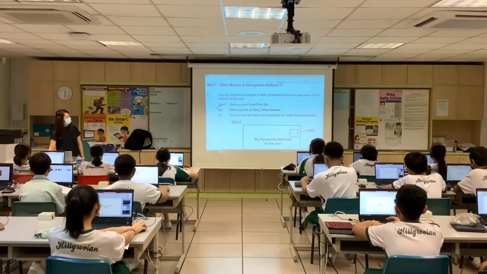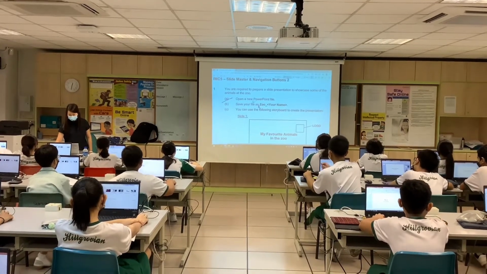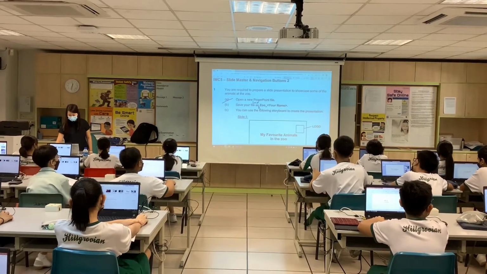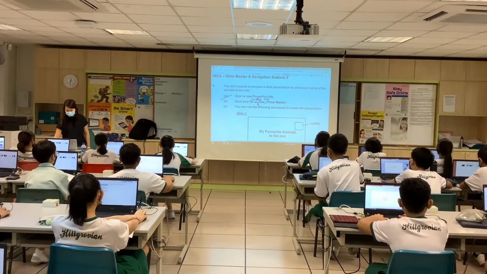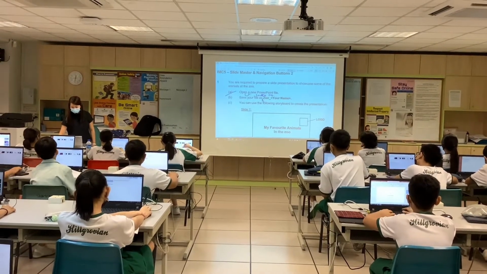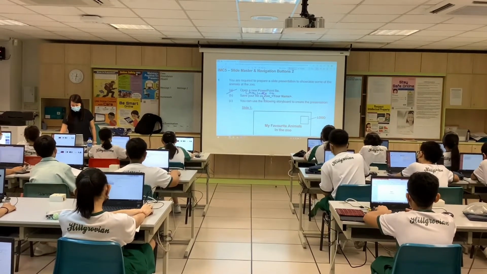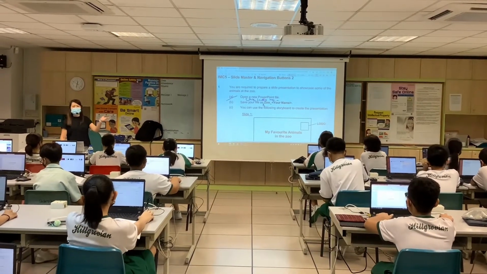Save your file as zoo underscore your name. Okay, as usual, can you put in your index number? I don't want the index number, I want class. Class underscore index number underscore zoo your name. Because all of you are from different classes.